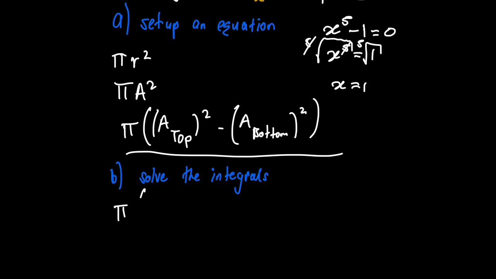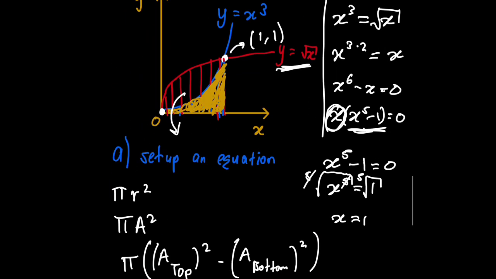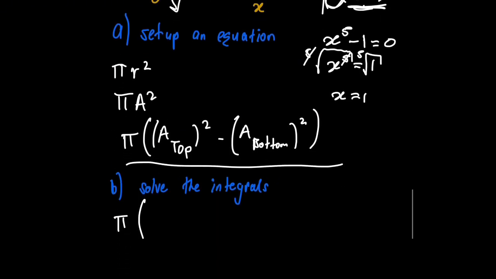So you get pi times the area of the top function, which, we need to use integration.